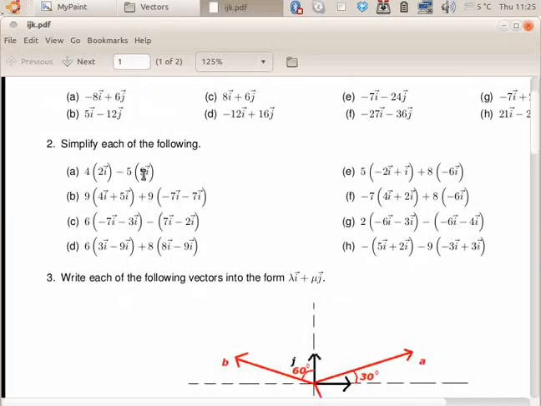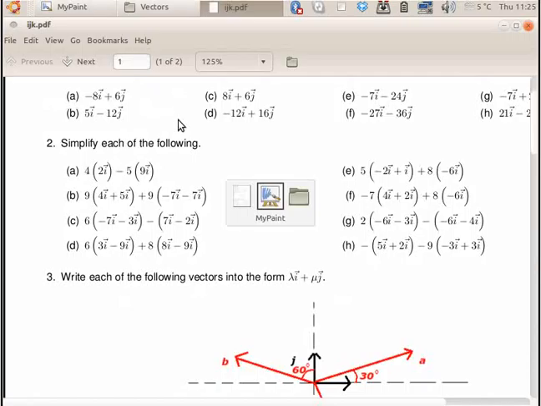The idea with the second one is just for you to appreciate that they follow the normal algebra rule. So if I look at the first one, 4 times 2I minus 5 times 9j. What would that be? 8I minus 45j. Yeah, that should be a j.